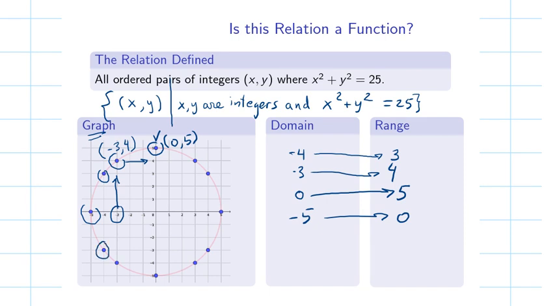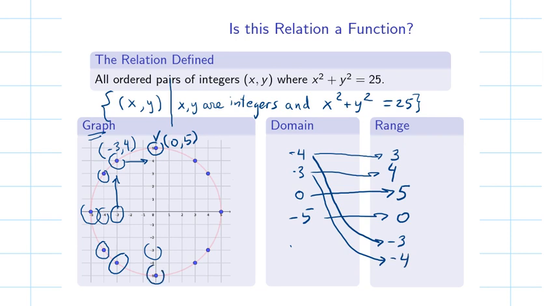So far, no repeats. So far, each input corresponds to just one output. But let's see, this one, -4 goes in and -3 comes out. So -4 has 2 arrows coming out of it. So I know it's not a function because one of the possible inputs does not have a unique output.